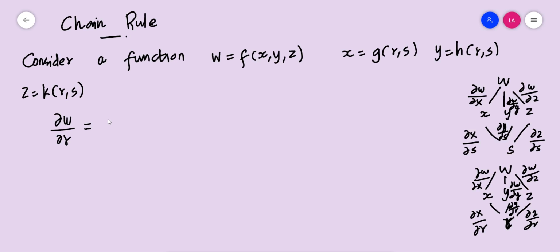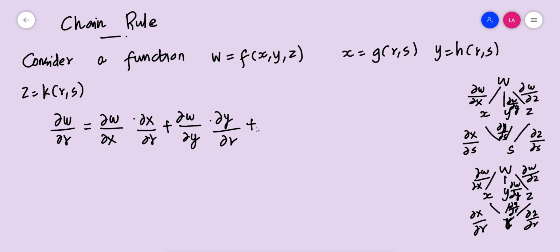So this is actually equal to dou w by dou x times dou x by dou r plus dou w by dou y times dou y by dou r plus dou w by dou z times dou z by dou r.